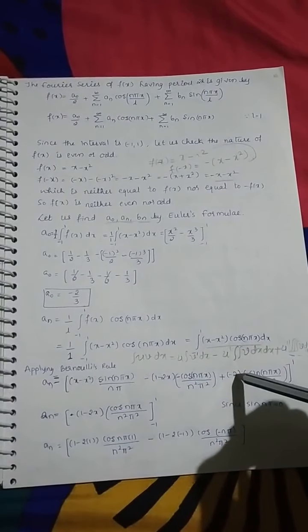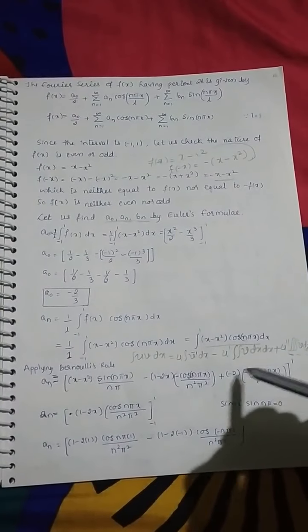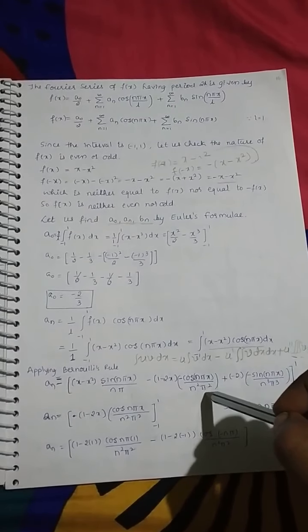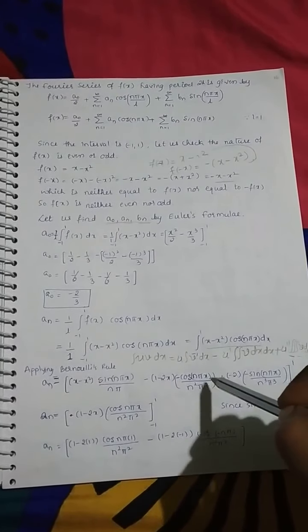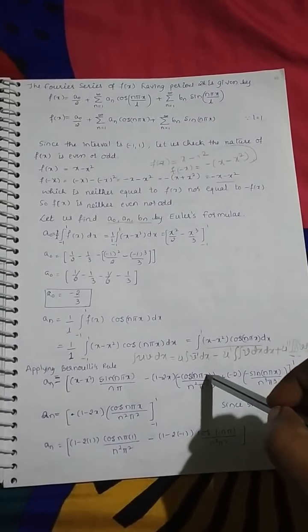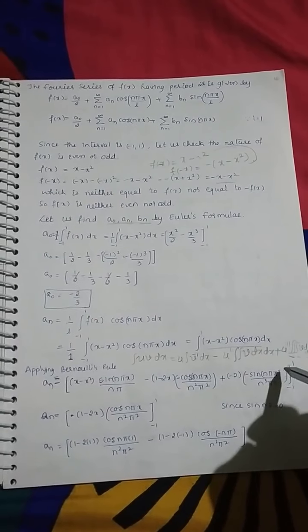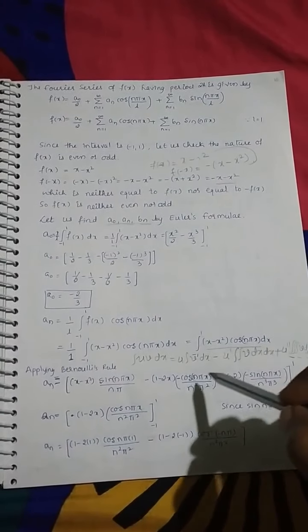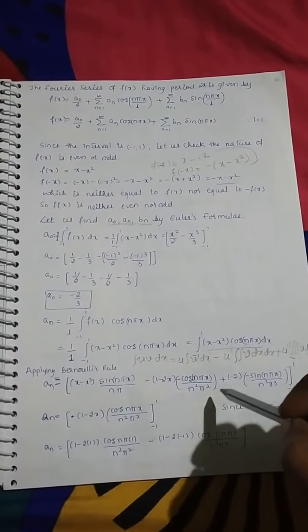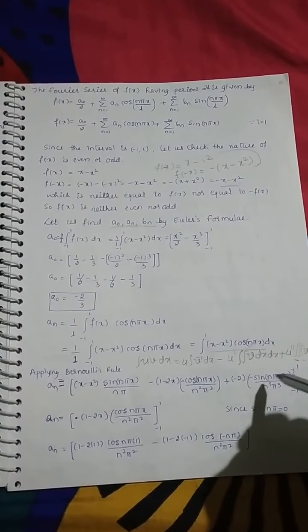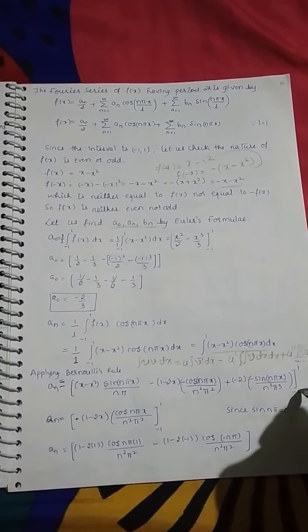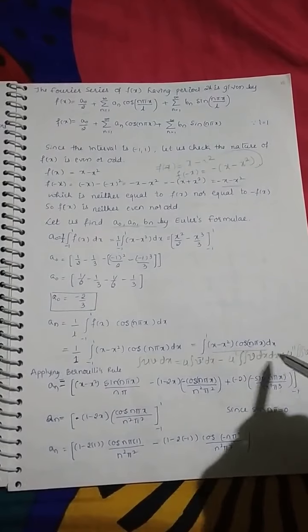Plus minus 2 into bracket. This 1 upon n square pi square keeping constant, integrating cos of n pi x, that is sin n pi x upon n pi. Already n square pi square is there, n square pi square into n pi is n cube pi cube. Between the limits minus 1 to 1.